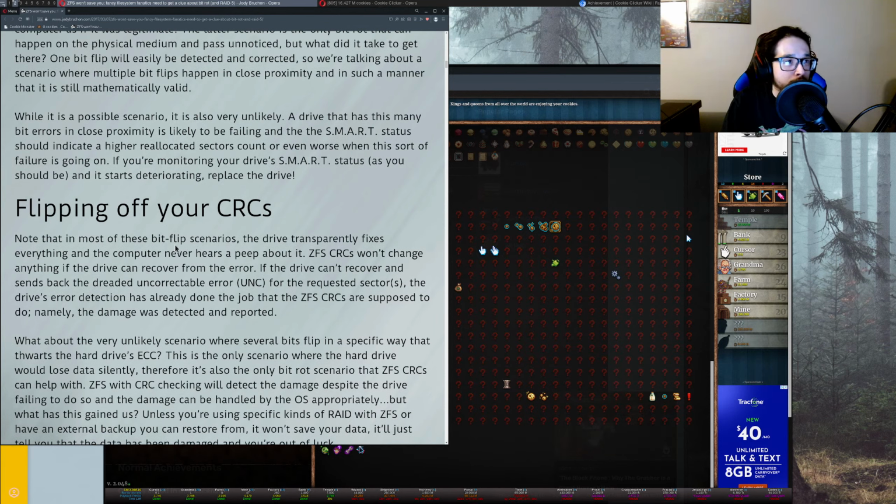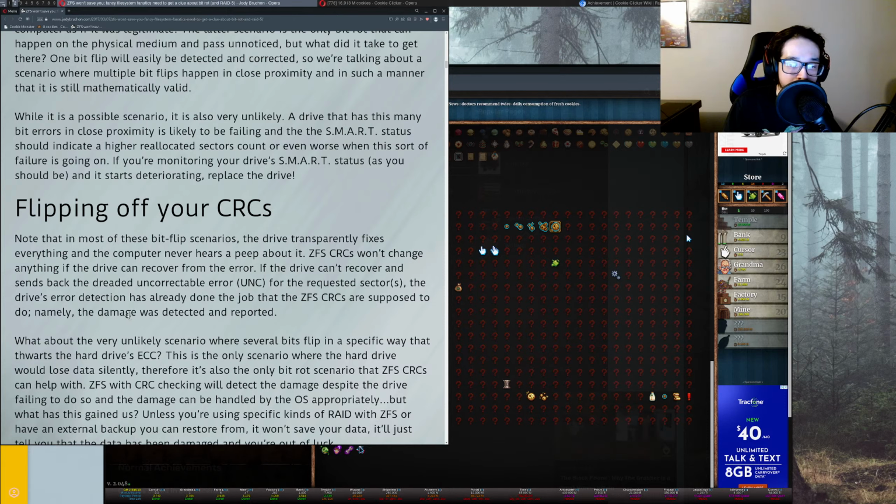Note that in most of these bit flip scenarios, the drive transparently fixes everything and the computer never hears a peep about it. ZFS CRCs won't change anything if the drive can recover from the error. If the drive can't recover and sends back the dreaded uncorrectable error, UNC, for the requested sectors, the drive's error detection has already done the job that ZFS CRCs are supposed to do.